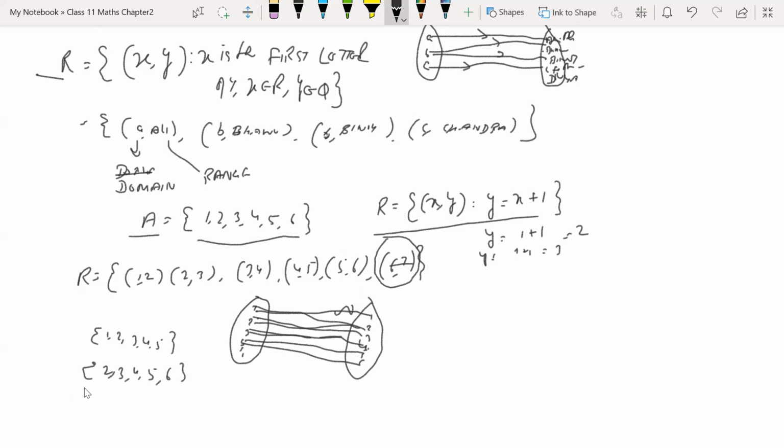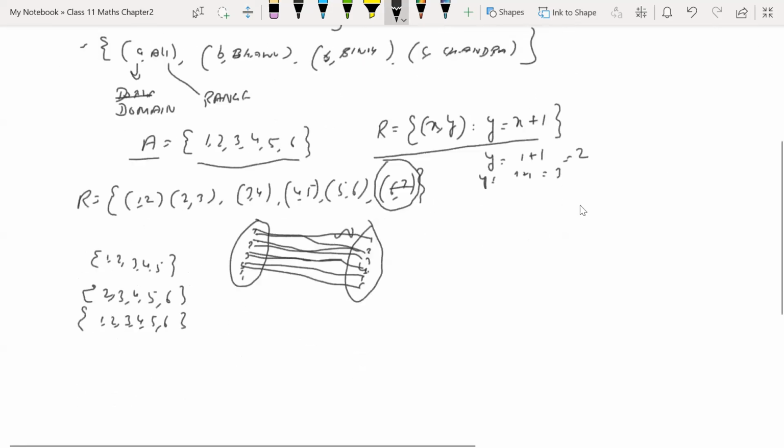The codomain is the set A. That's all about this example. I hope you understand the relation with the help of this diagram completely.